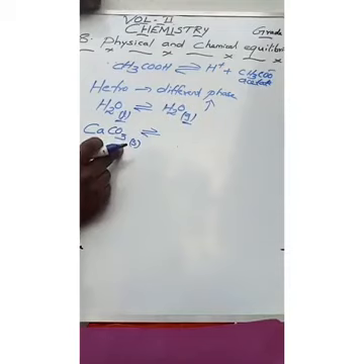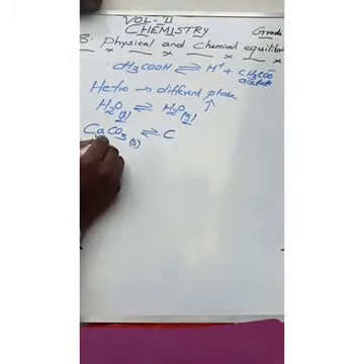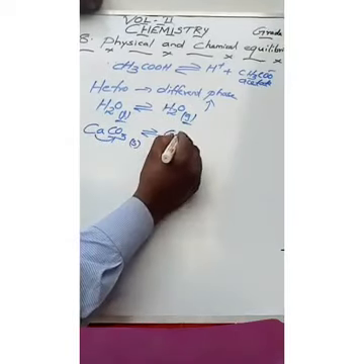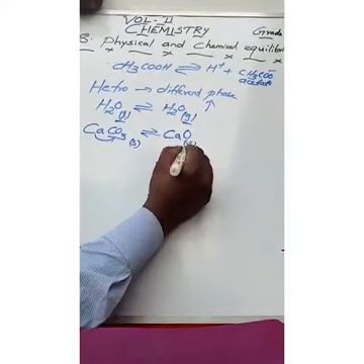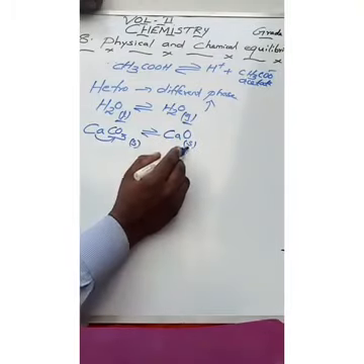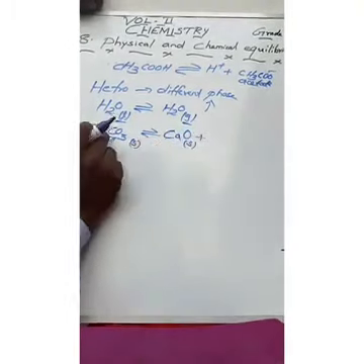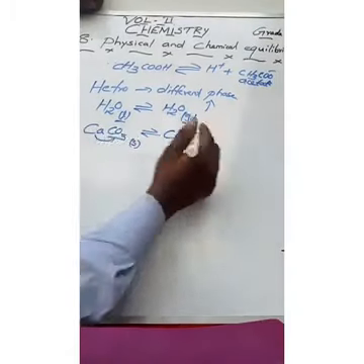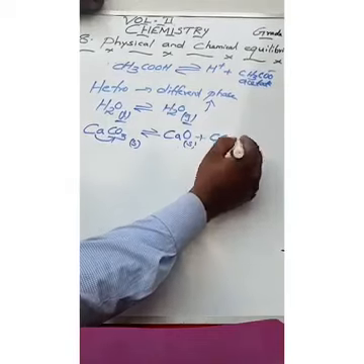In the forward and backward reaction, one calcium combines with one oxygen and we get calcium oxide, CaO. This is also in solid state. And another product is a gas called carbon dioxide, CO2, which is in gaseous state.